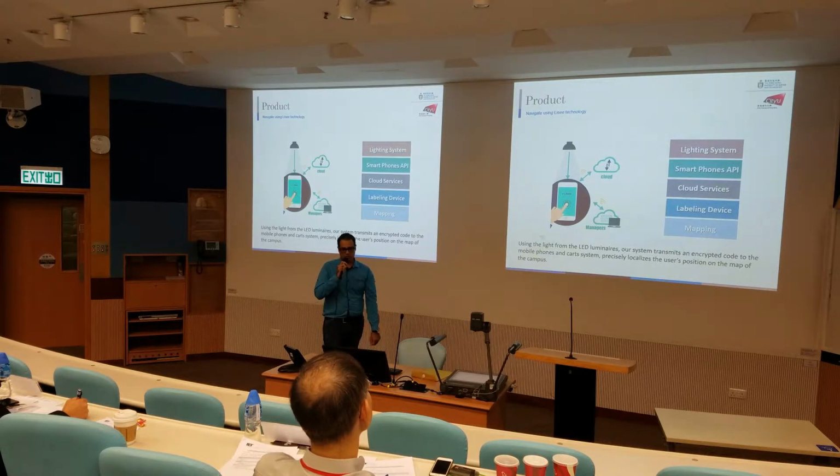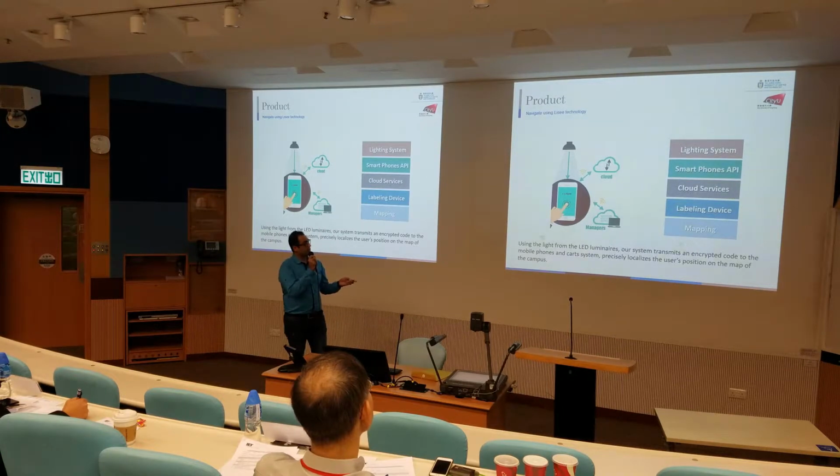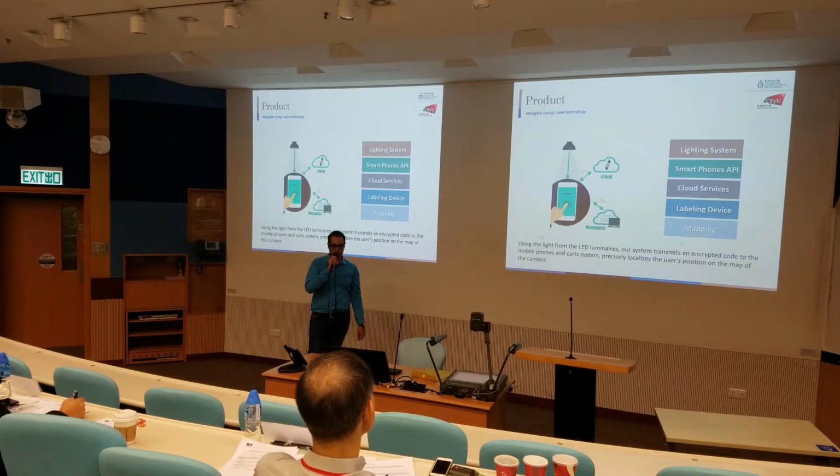So you can see the light from the ceiling comes to the camera system of your mobile phone, and then it can localize where you are, because we have a precision of up to 10 centimeters in the indoor environment. After that, this information is shared with the cloud and then with the venue managers. Venue owners can change the layout if they want according to the interest of their people.